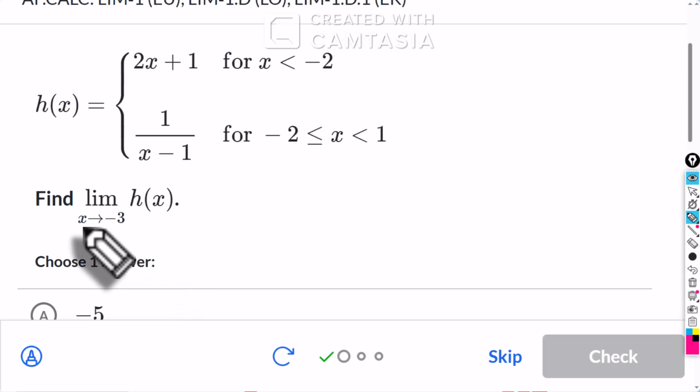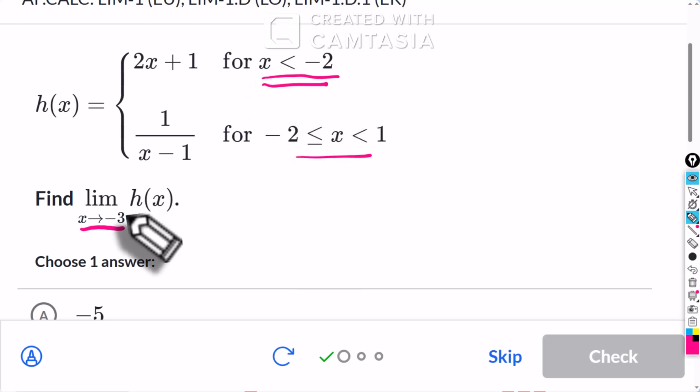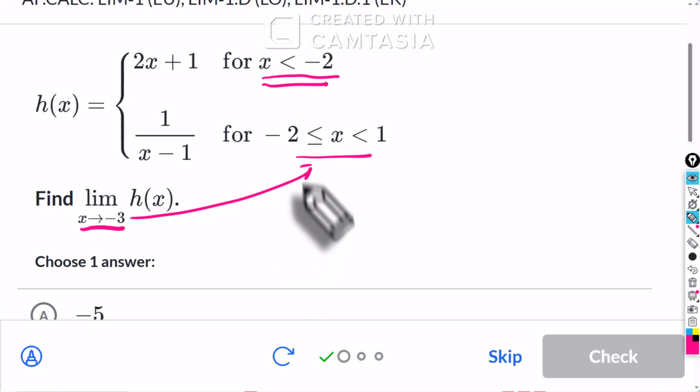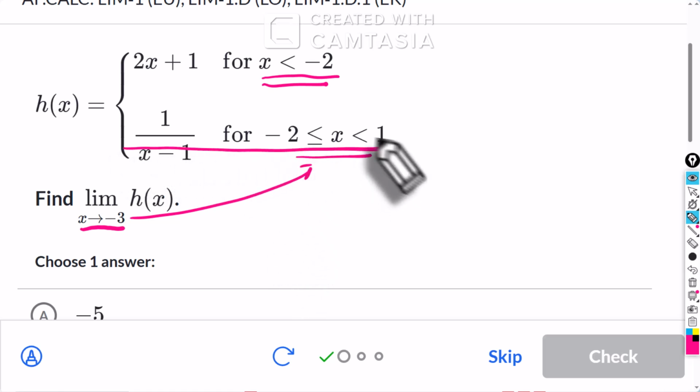All right, here we have the limit as x approaches -3. So once again, actually, we don't need the graph for this one here. We're going to x equals -3. This function here is for x between -2 and 1. Okay, but we want it for x approaches -3, so we need the one where x is less than -2. -3 does not fall in that range, so we can just ignore this function.